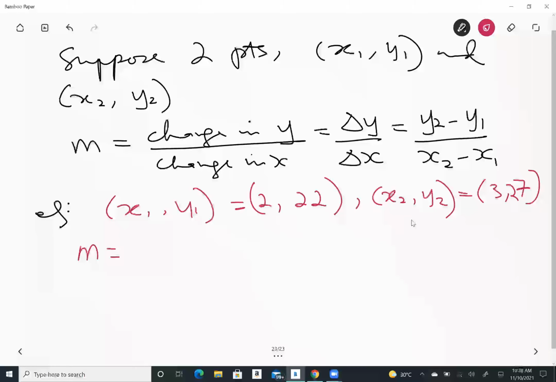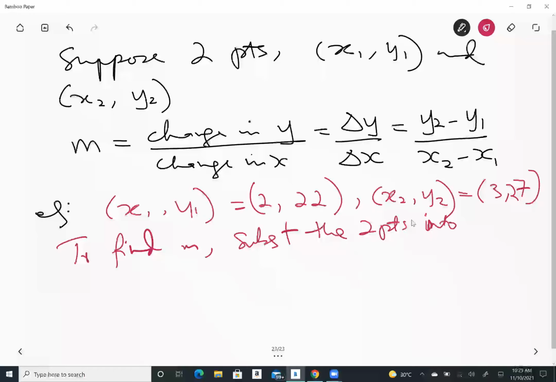Now, given the 2 points, it can be any point, because we want to find the slope. But we make use of that equation so that it's more systematic. So given these 2 points, what is the slope? What you do, you just substitute the 2 points into m.